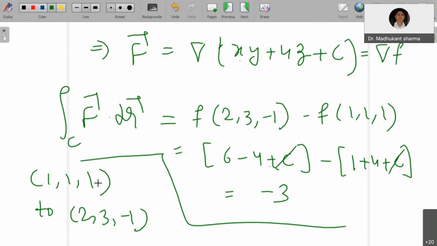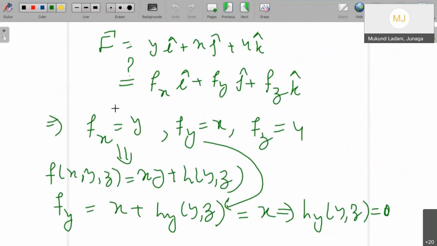You can, yes. That won't change, like going with any path, that won't change. You can start with any equation, f y equals x.